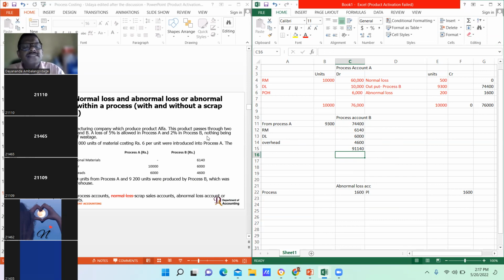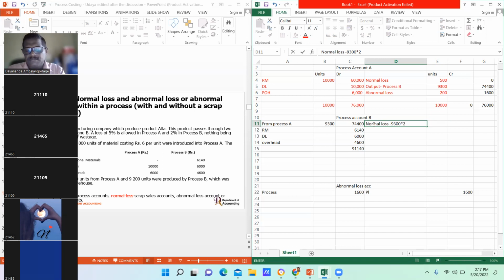Then, as per the question, 2% is normal loss. So you have to calculate the normal loss amount. Normal loss, how do you calculate? 9,300 into 2%.